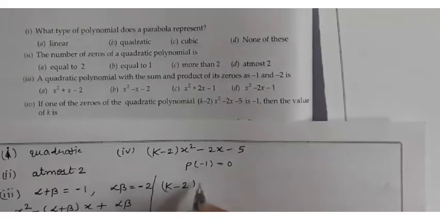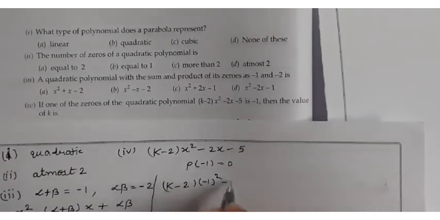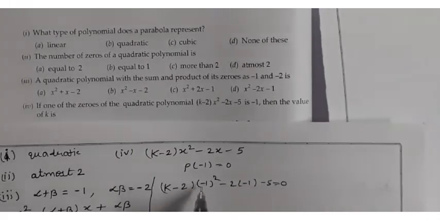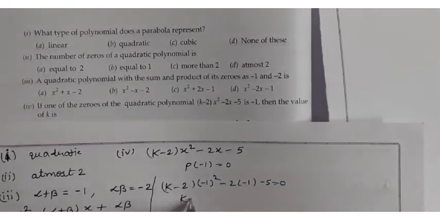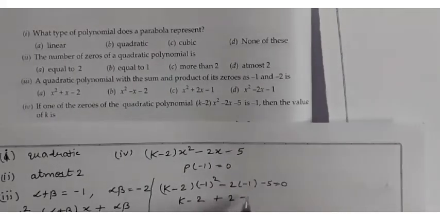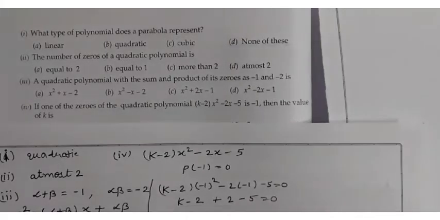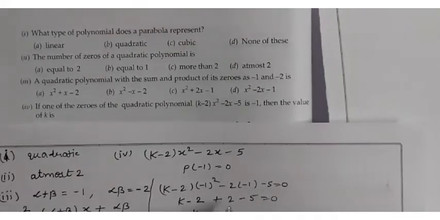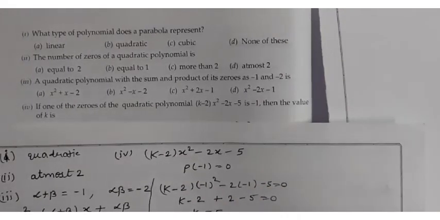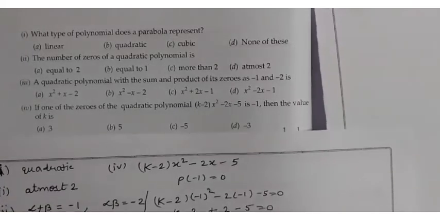Simple. 2 into (-1) square minus 5... -1 square is 1, minus minus plus, this is 2, minus 5 equal to 0. Then -2 plus 2 is 0, and this is -5. Sending that side, this will be 5. So k is equal to 5. B is your answer. Okay.